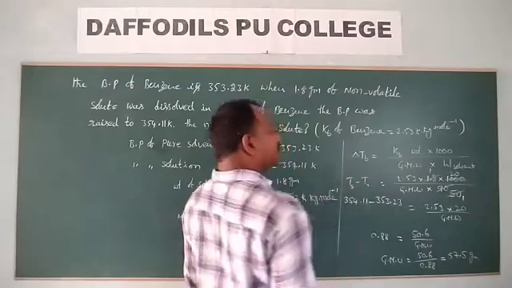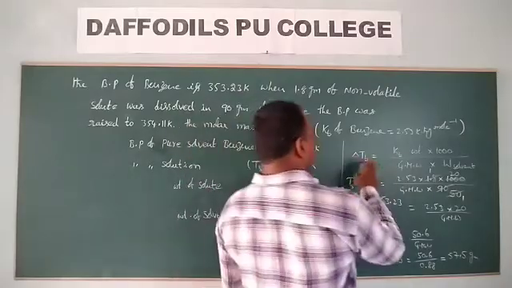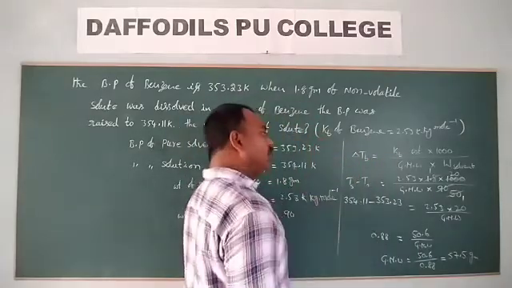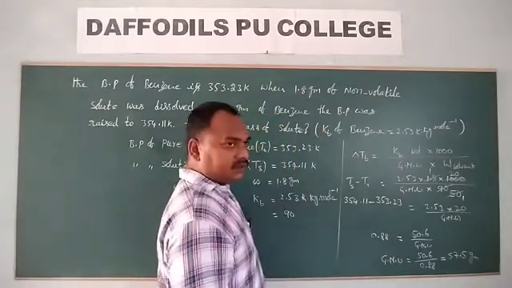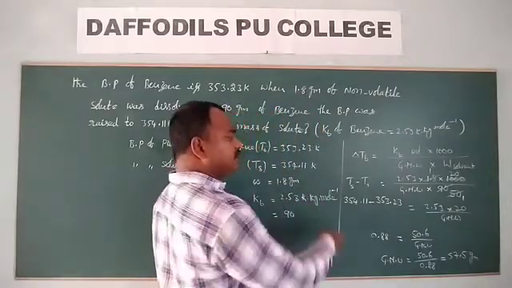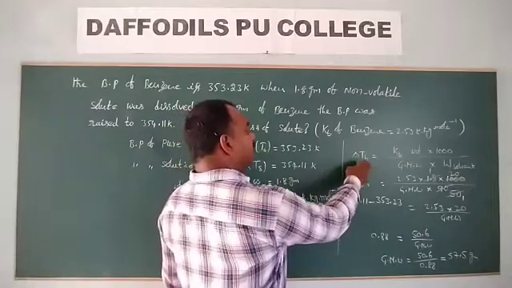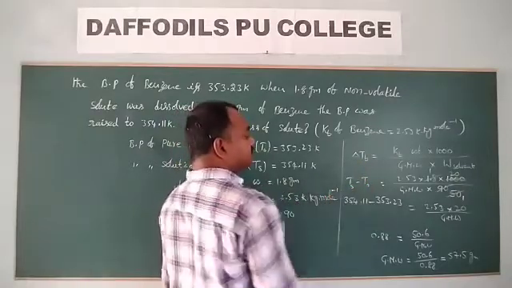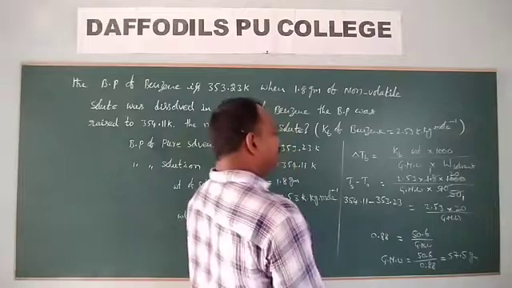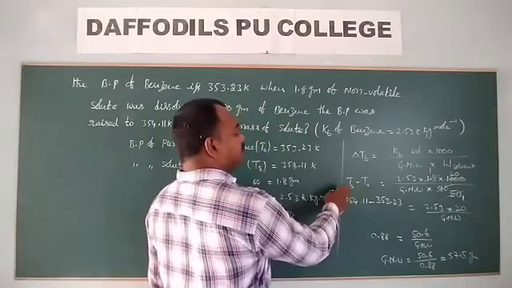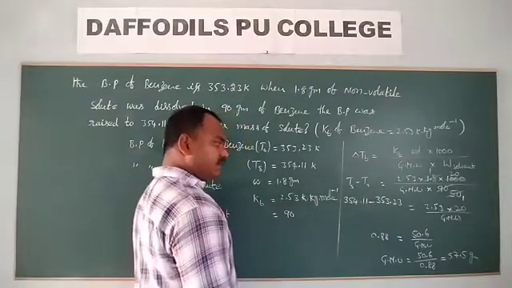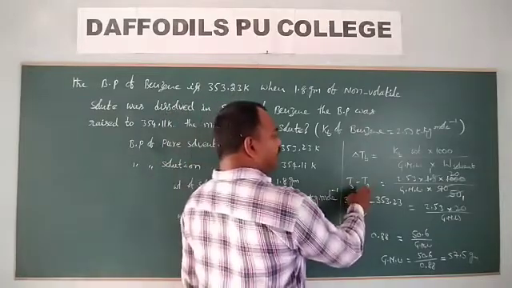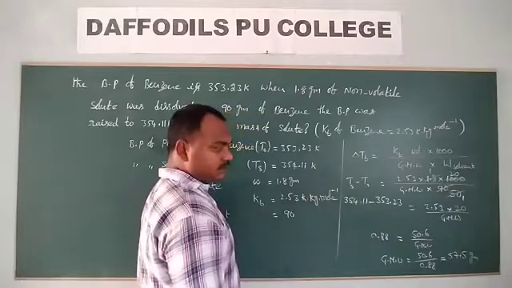Delta Tb is equal to, we know the formula, delta Tb is equal to Kb into weight of solute into 1000 by gram molecular weight of solute into weight of the solvent. We know that delta Tb is equal to Ts minus T naught. Boiling point of the solution minus boiling point of the solvent will give you the elevation in boiling point.